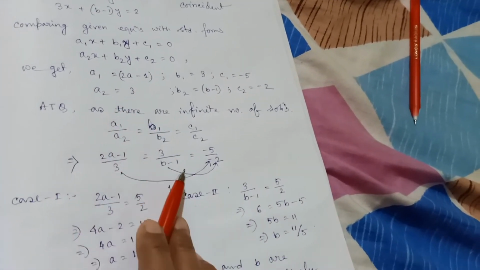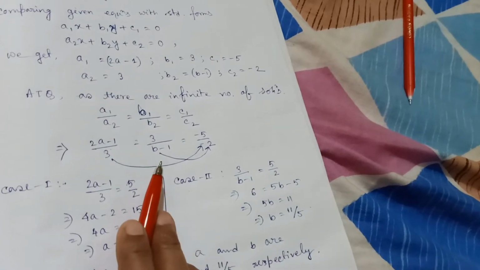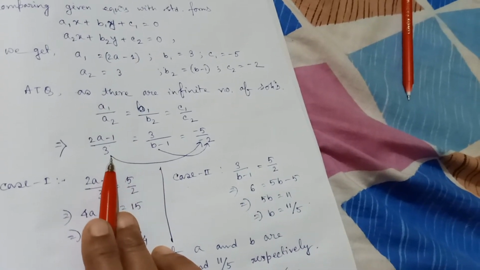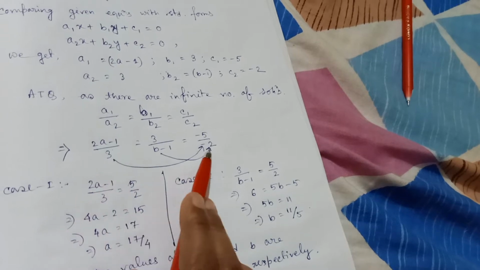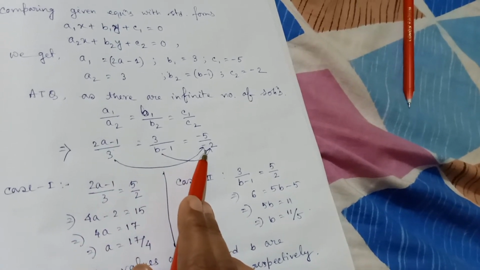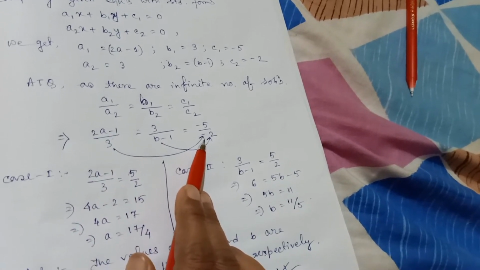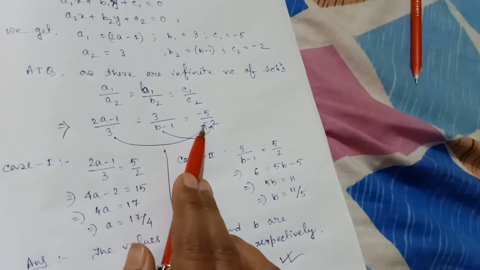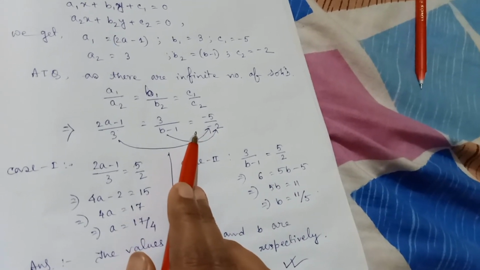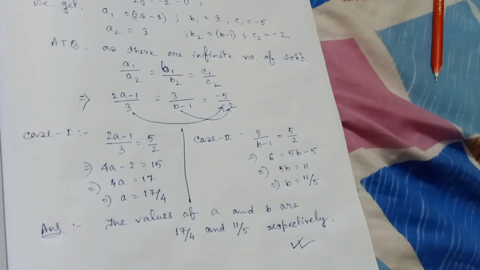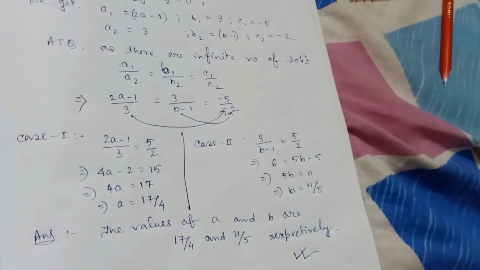I have written everything here. And another thing, in the main answer paper, if you draw this type of arrows, there will be no problem. Rather, the examiner will be happier. So we will go to the next question.